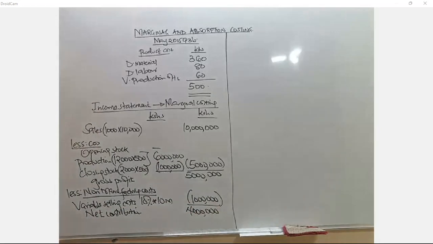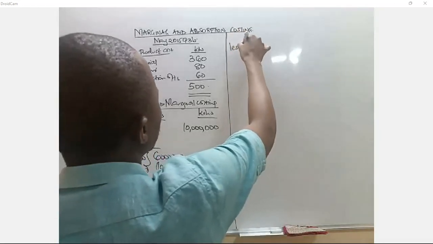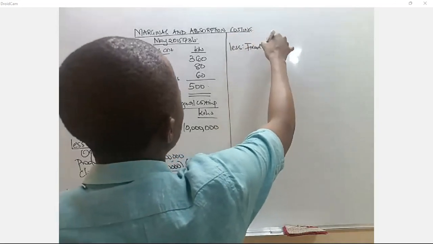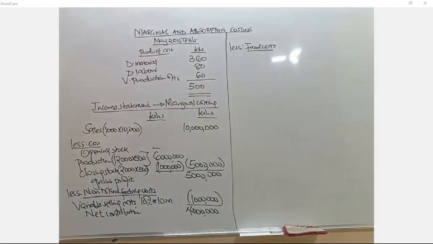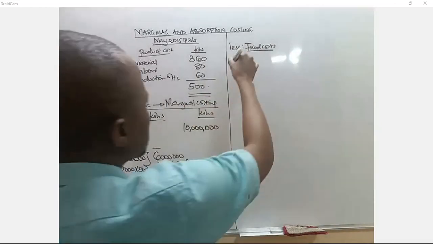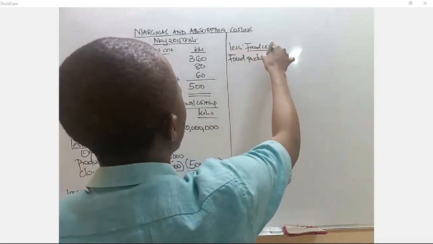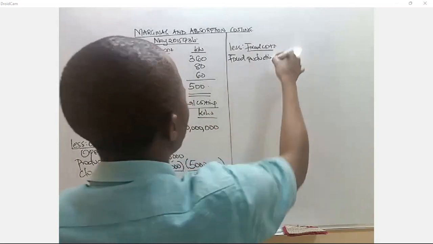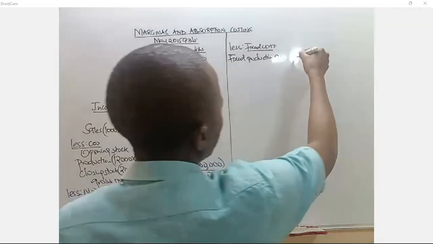Now let us less our fixed costs, right? We less fixed costs, and the examiner has given us 3 fixed costs there. The first one is the fixed production overheads, we are being given 1,980,000.